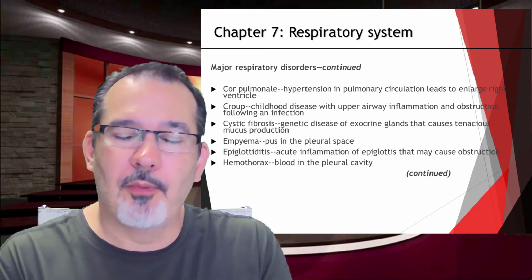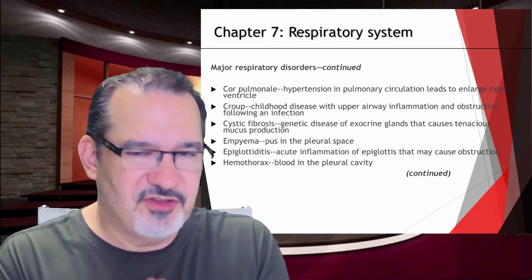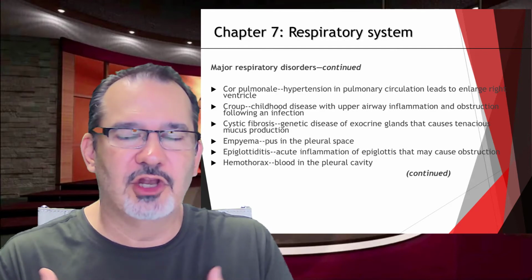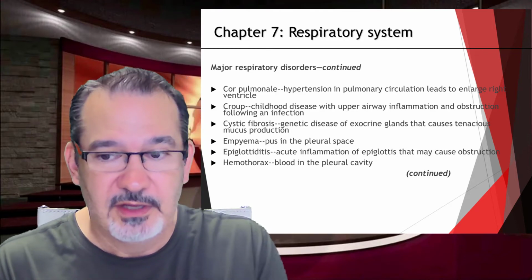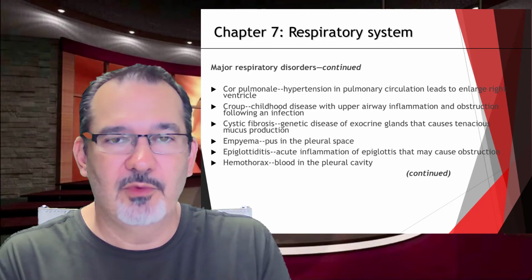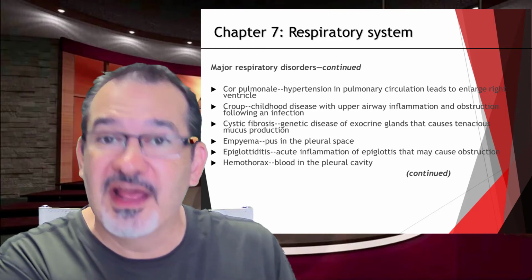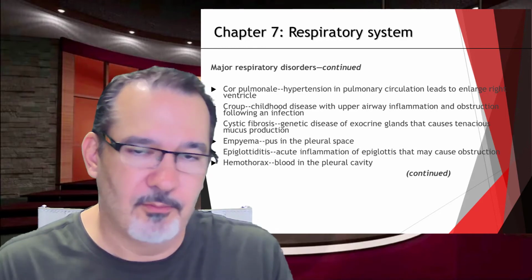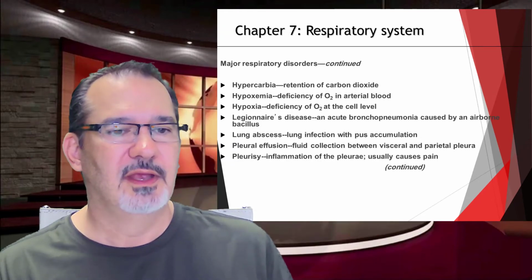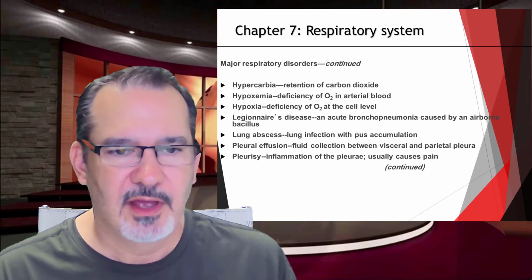And then cor pulmonale, which is kind of interesting. It's a hypertension in pulmonary circulation that leads to an enlarged right ventricle. So it's a condition that's basically, we would say, right side heart failure is what cor pulmonale is. Okay. Other disorders, hypercarbia, hypoxemia.